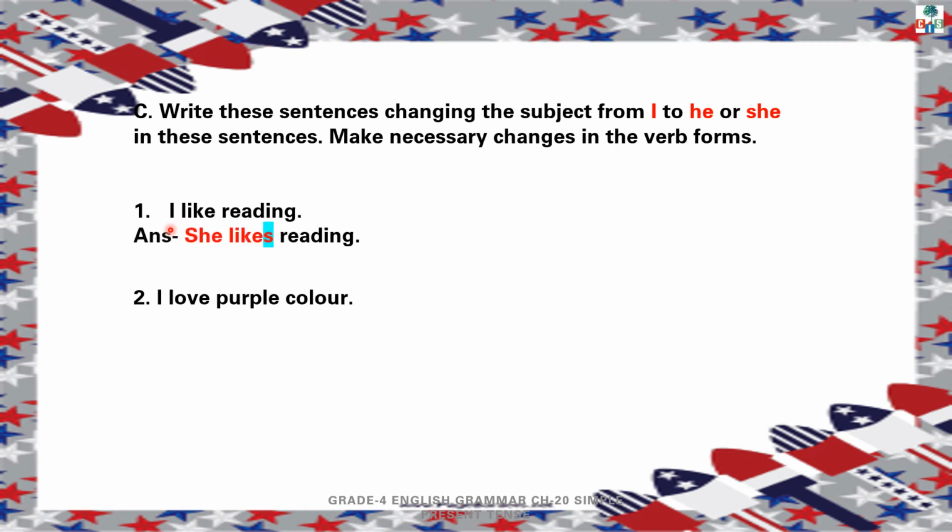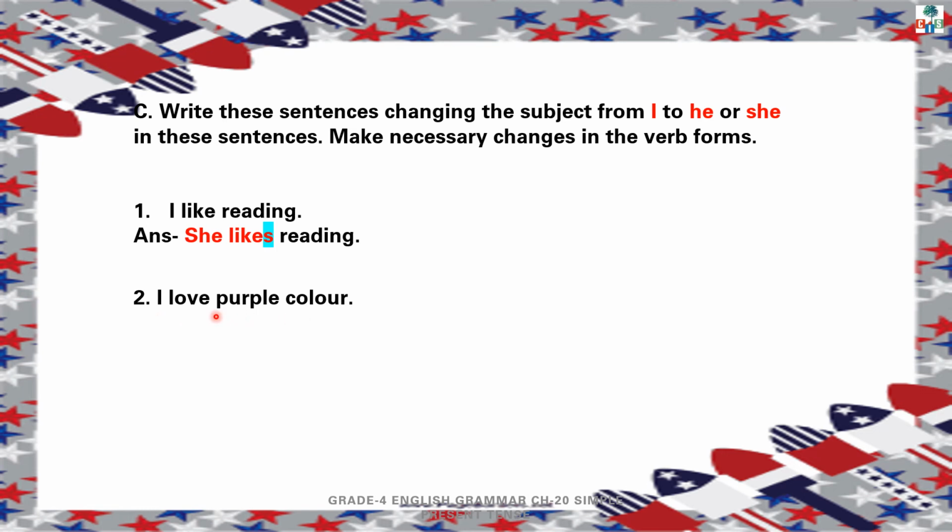Let's see the answer. She likes reading. In the place of I, you can write he or she. And he or she is a third person singular form. So you will use the verb likes. She likes reading.